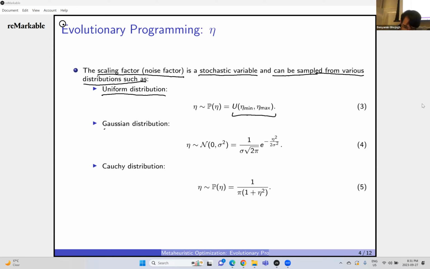Another way to draw that is from a Gaussian distribution. Eta is a scalar, right? Therefore, it's a univariate Gaussian distribution with mean 0 and variance sigma squared. Why should the mean be 0?